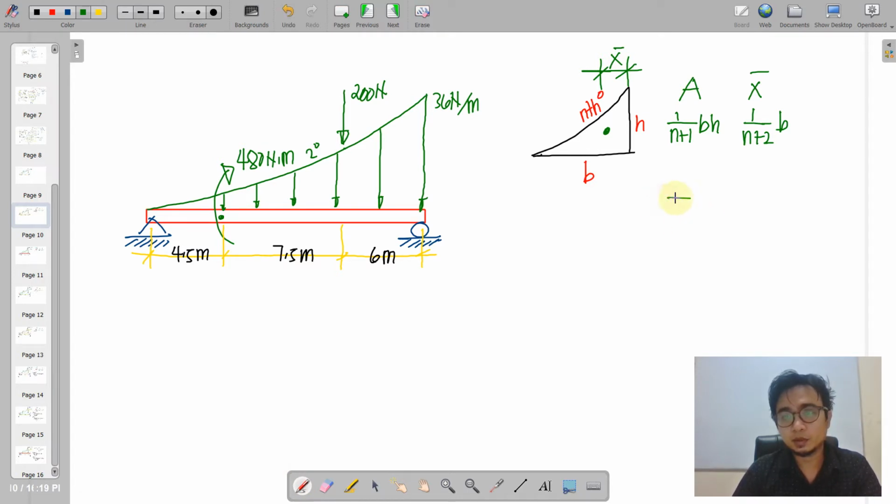So on this formula, of course, if this is the spandrel, if we have a straight line, we have an equal or 50% of this rectangle. Actually, if we have a straight line, this is 50%, and that is 50%.